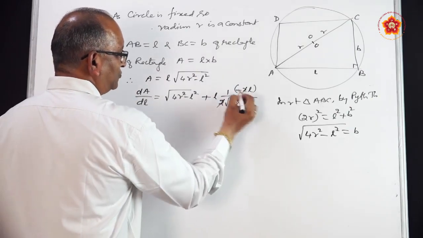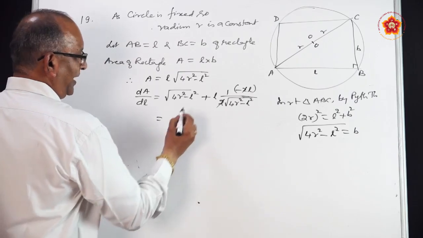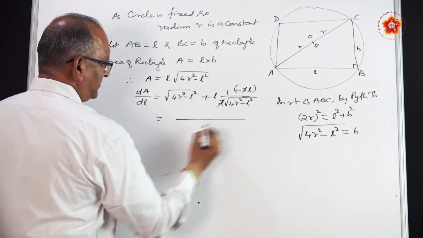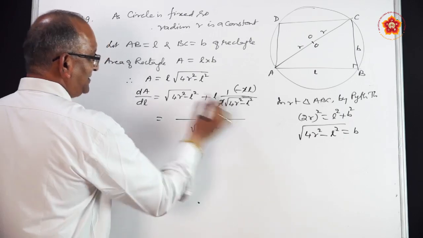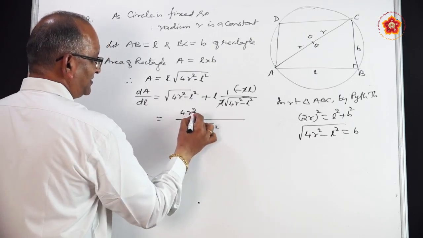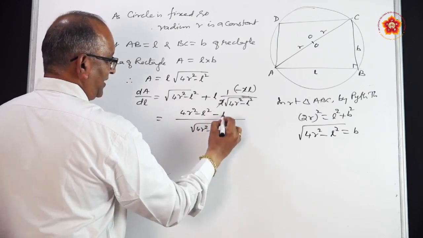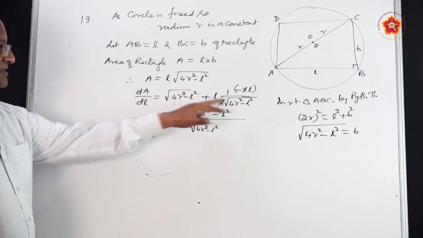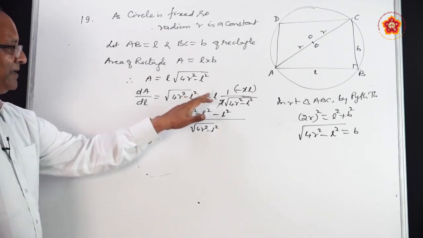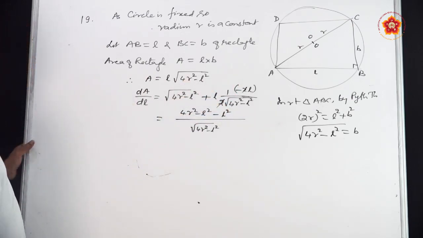So cancel this 2 and 2, and then you can take the LCM. The LCM will become 4r square minus L square. As a result, this will become 4r square minus L square minus L square, because we took the LCM, and here L into minus L, so minus L square.